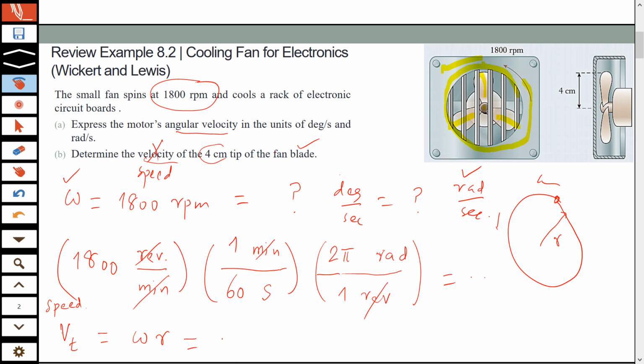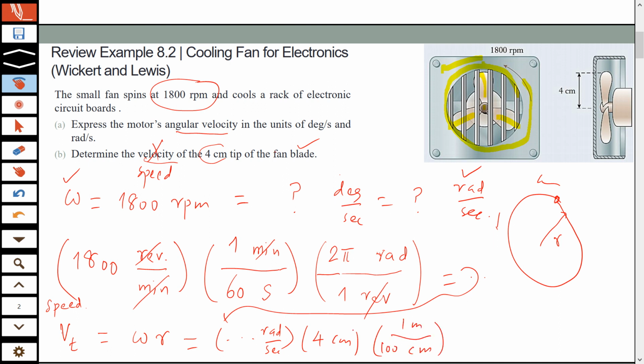I'll simply take this result from this part, omega, in radian per second, and then multiply this with 4 centimeter, and I can get rid of centimeter by writing 100 centimeter and 1 meter, and then I'll get something which is meter per second.